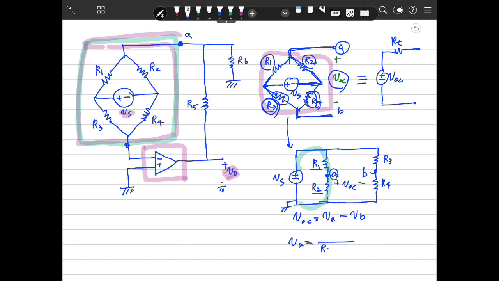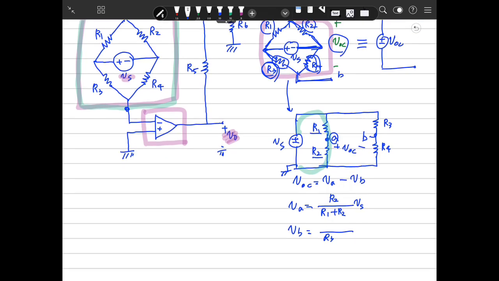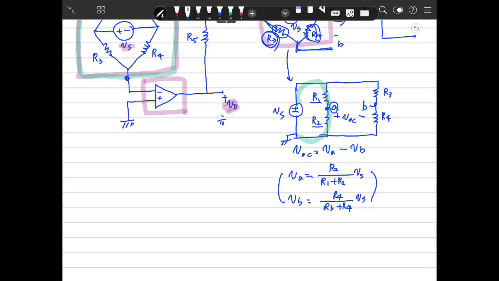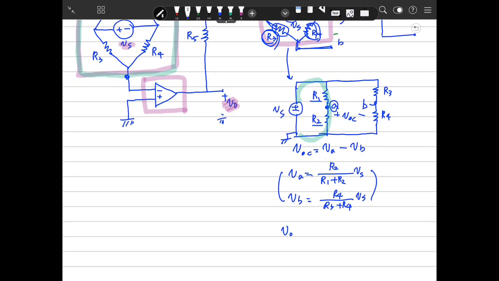So VA is R2 over R1 plus R2 times VS. In the same way, VB is R4 over R3 plus R4 times VS. From here we get VOC is VA minus VB, which is R2 over R1 plus R2 minus R4 over R3 plus R4, times VS. This is VOC.